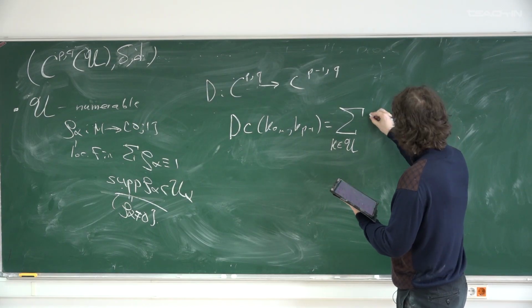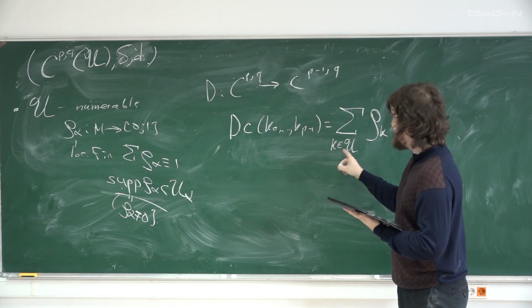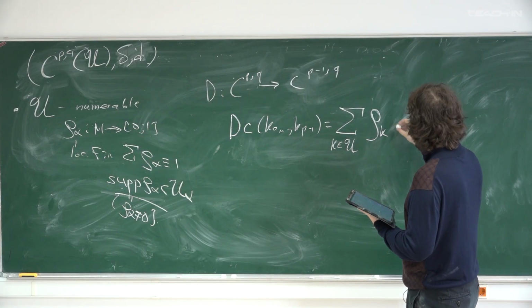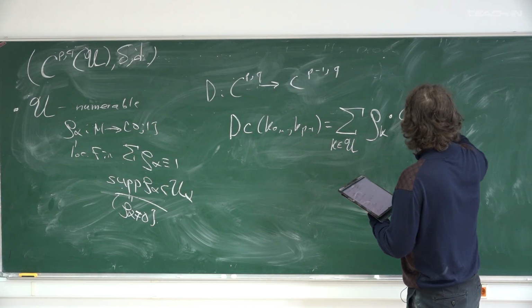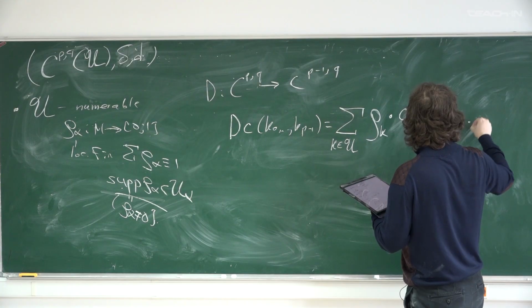I consider rho_k, a number indexed by my covering, and this is k, k_0, ..., k_p.